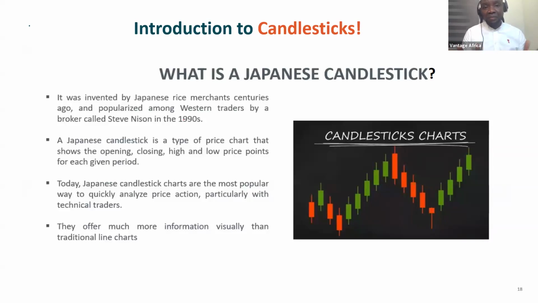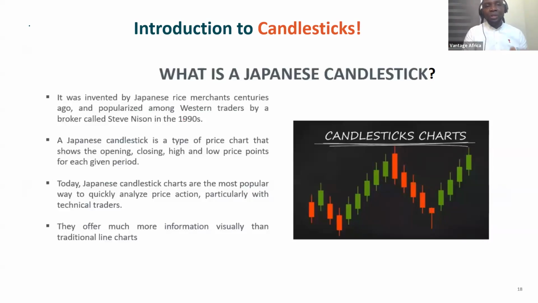The rice merchants developed it a very long time ago, but around the 1990s, Western traders began to really take note of them. Western traders means traders from the West, the United States, the UK, and so on. They began to pay attention to these candlestick patterns because they had some unique features that made them easier for traders to use for analysis.